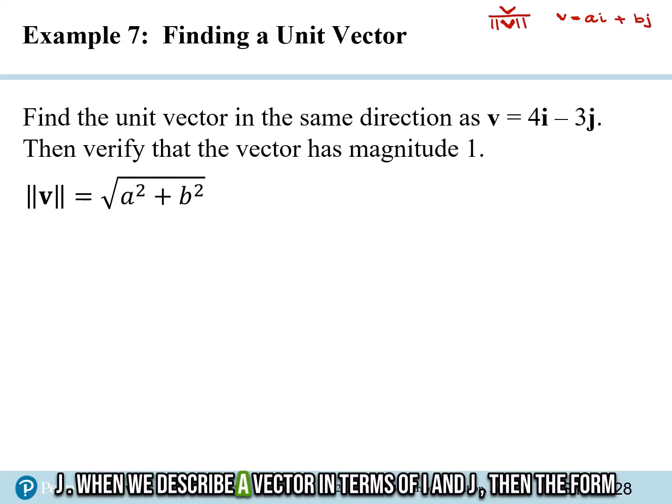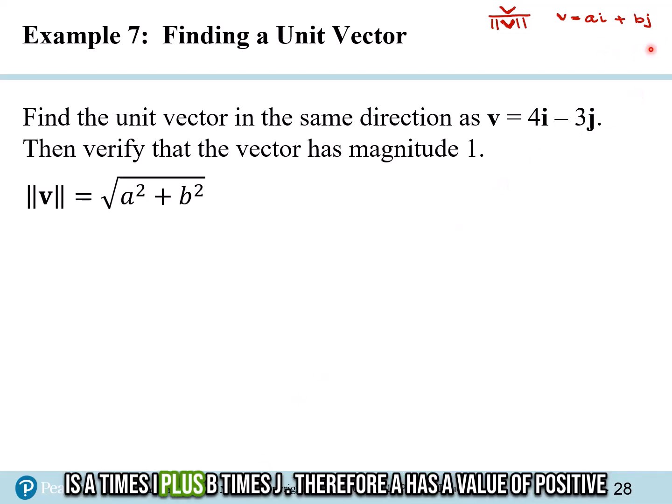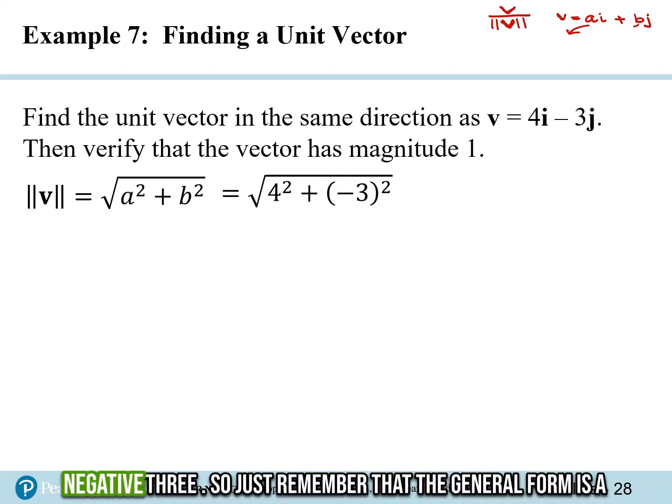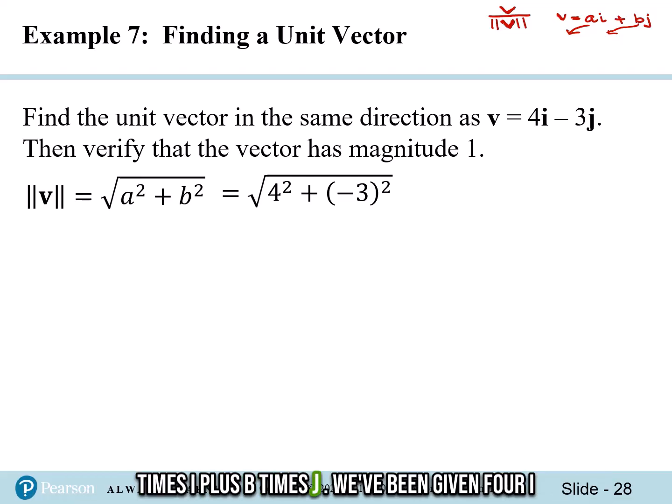When we describe a vector in terms of i and j, then the form is a times i plus b times j. Therefore, a has a value of positive 4, whereas b has a value of negative 3. So just remember that the general form is a times i plus b times j.